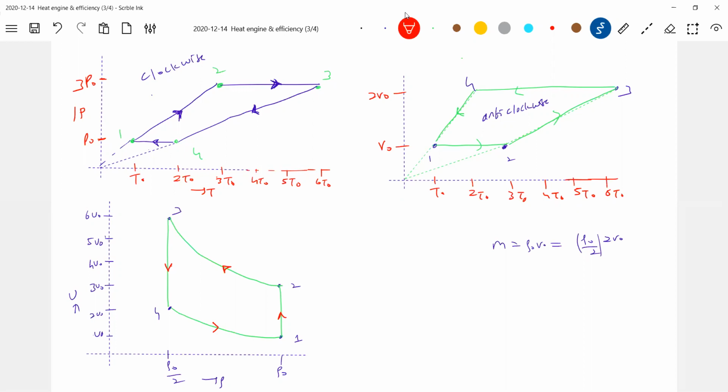Okay, shall I go for the next one? Next, again, the next shape of graph. Okay, I'll bring the PT graph.